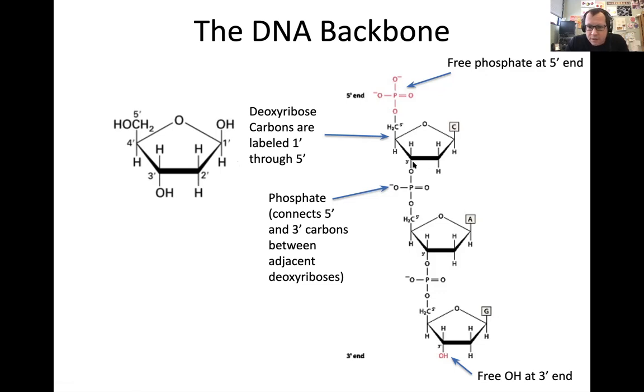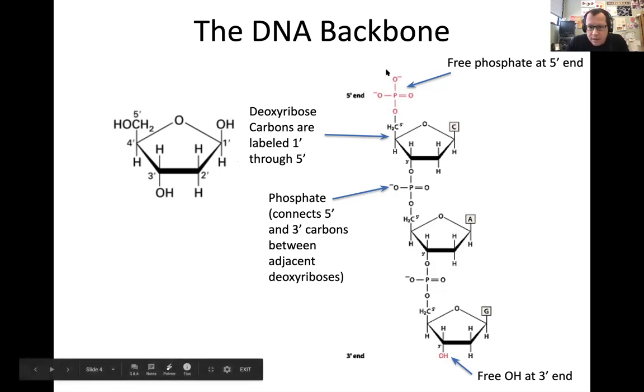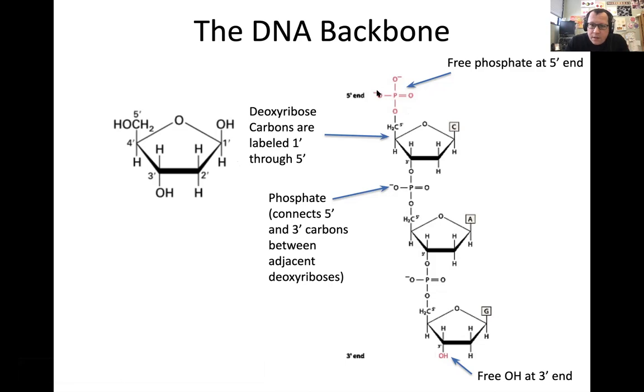When we're looking at a DNA strand like this, we're always going to have a phosphate, PO4, at the 5' end hanging off by itself. So there's our 5' carbon, there's a phosphate on it. Again, our 1', 2', 3', 4', and 5' carbons.